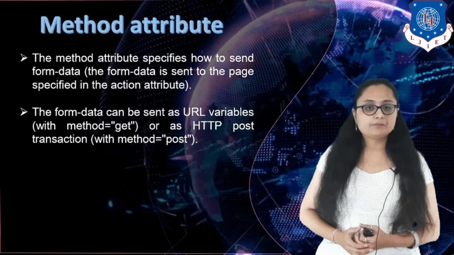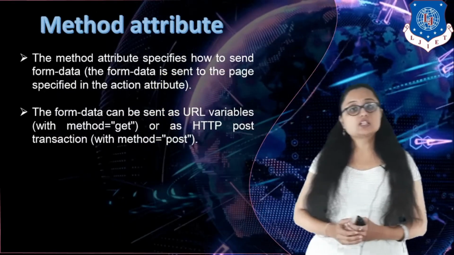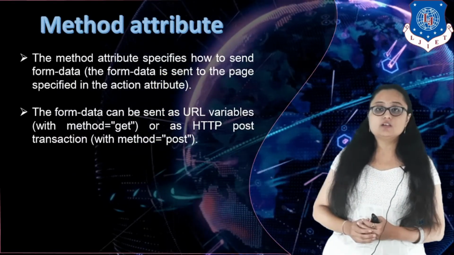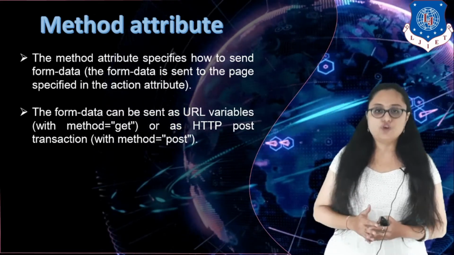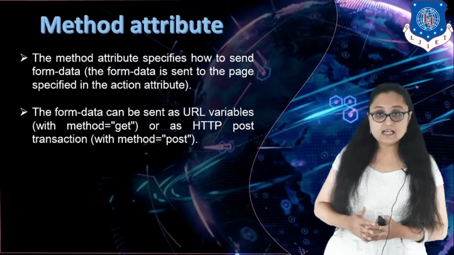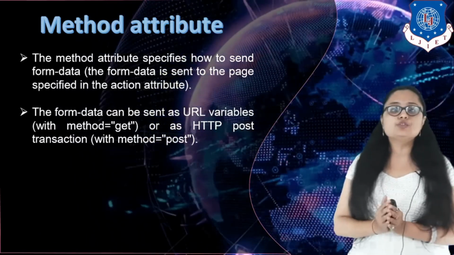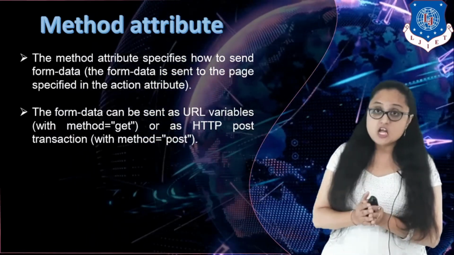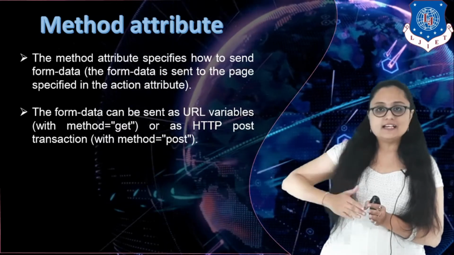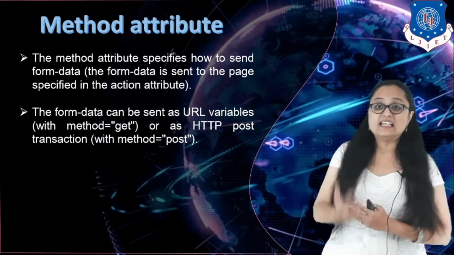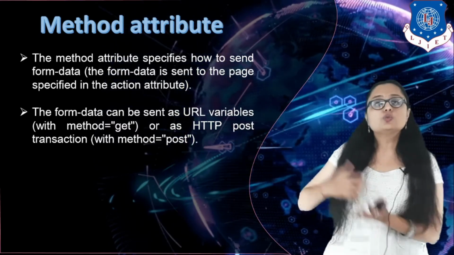So if you want this type of outlook in a web page, you have to write it inside the form tag. Now the first thing that we are going to see are two different attributes of the form tag, and the first attribute is the method attribute. The method attribute basically specifies how you are going to send this form data, which is collected from the user, to the server.